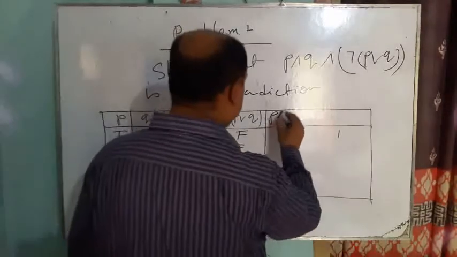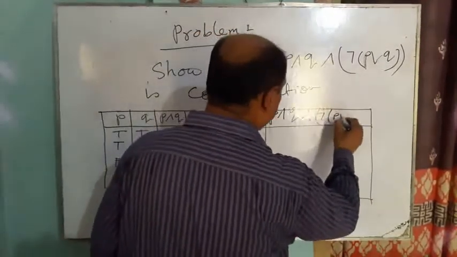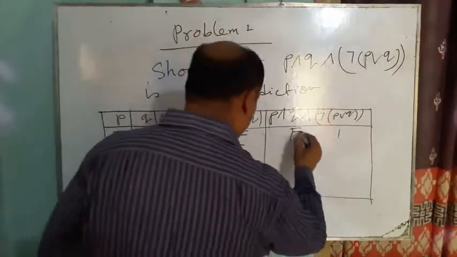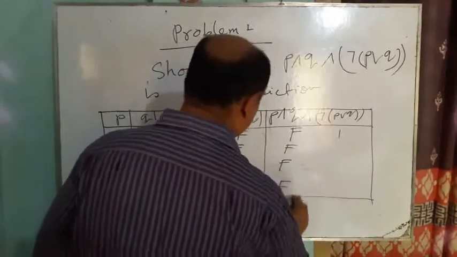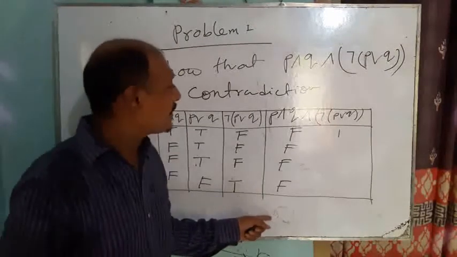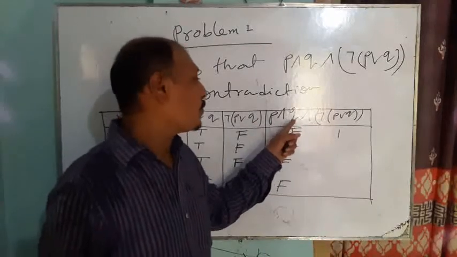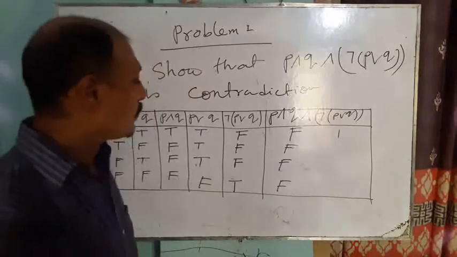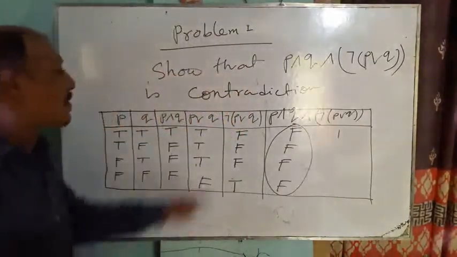Then P conjunction Q, conjunction negative P disjunction Q: false, false, false, false. Then we can conclude that it is always false. Then it represents a contradiction.